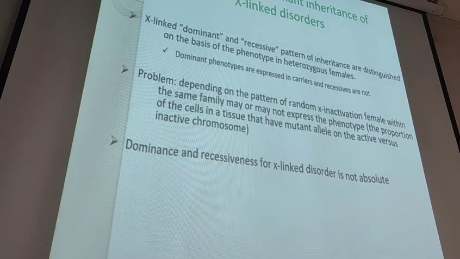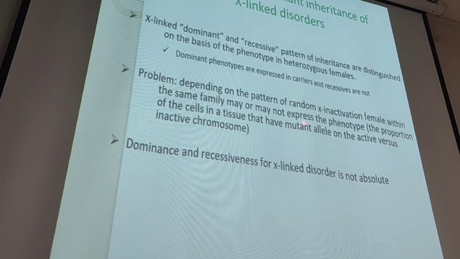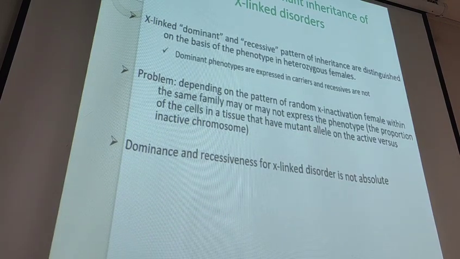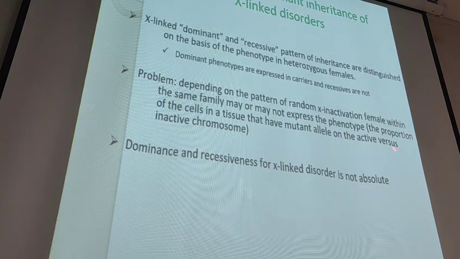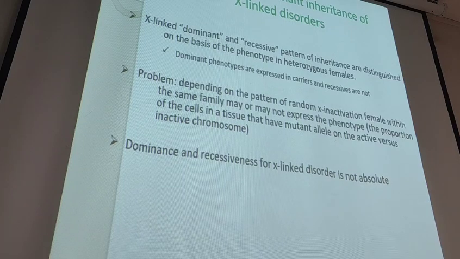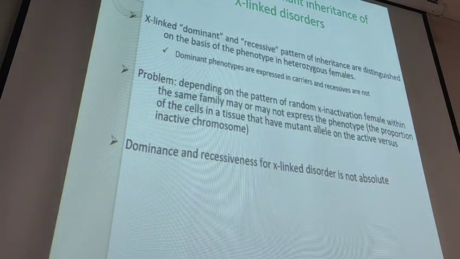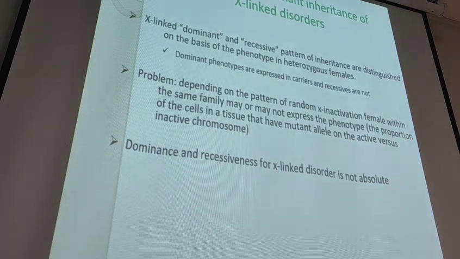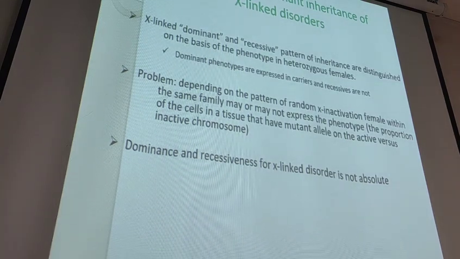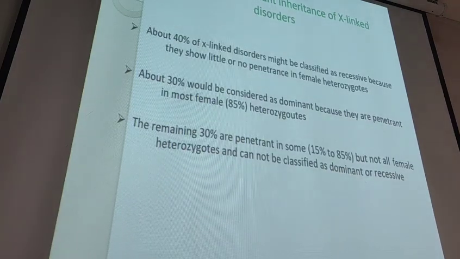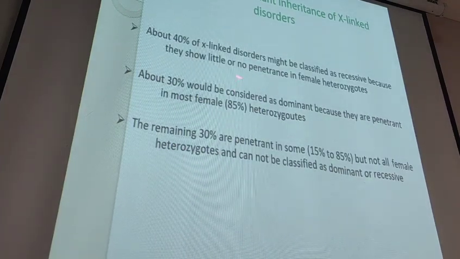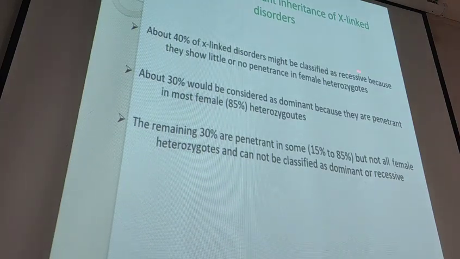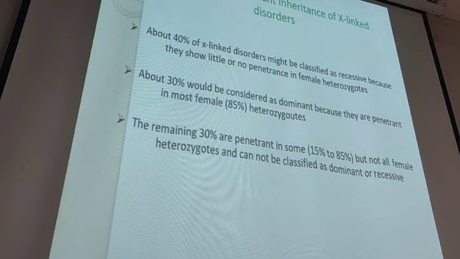It depends on the proportion of the cells in a tissue that have the mutant allele, okay, on the active versus inactive chromosomes. So in females, the terms dominance and recessive are not absolute for X-linked because of the mixture of the cells and the phenotype. About 40% of X-linked disorders can be classified as X-linked recessive.